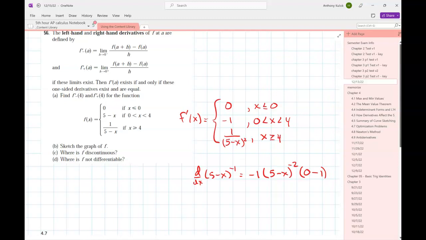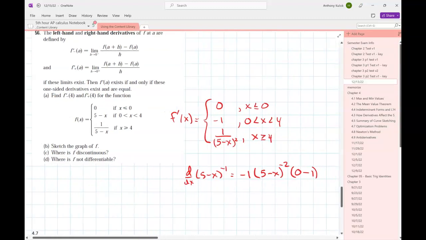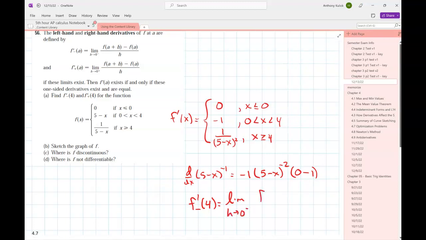So the left-hand limit then, or the left-hand derivative, is going to be the limit as h approaches 0 from the left of f of 4 plus h minus f of 4 all over h.